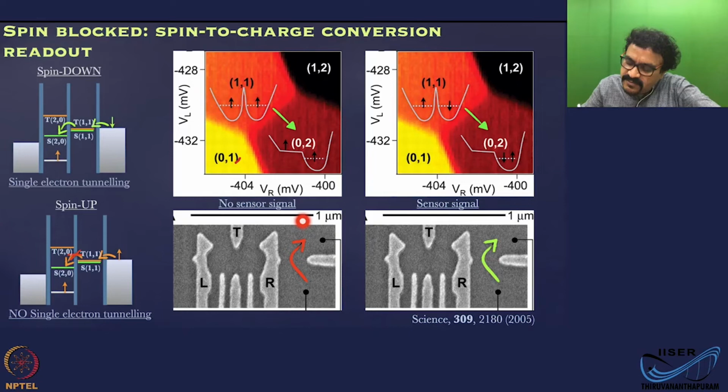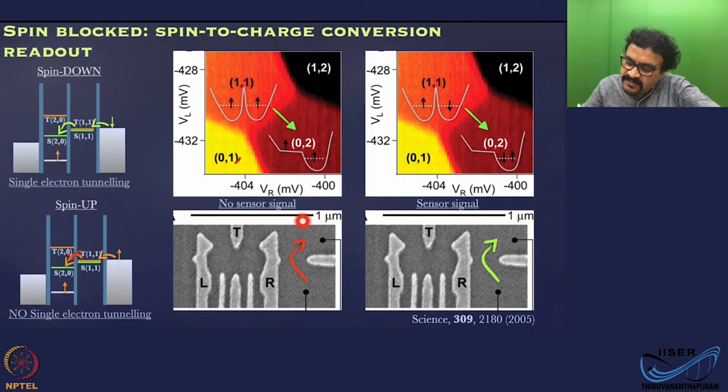Now that means if you have a singlet state, it can form a 2-0 or 0-2 state. If the initial spin is up, parallel to this spin, then it is going to form a triplet state. Then that cannot form a 2-0 state here or a 0-2 state. So what that means is the spin information is now encoded into the charge information.